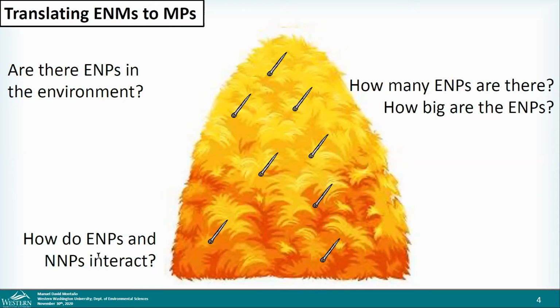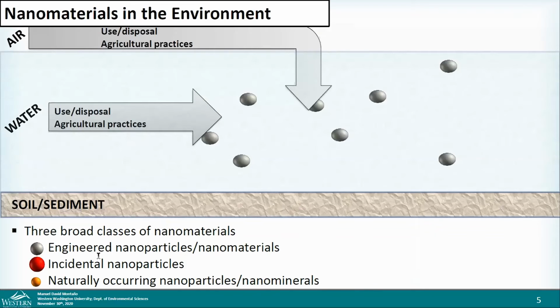And if we consider the complexity of this issue, again, I'm going to use nanomaterials as an example. When it came to engineered nanomaterials, we had an environment, and we have these three broad classes of nanomaterials.